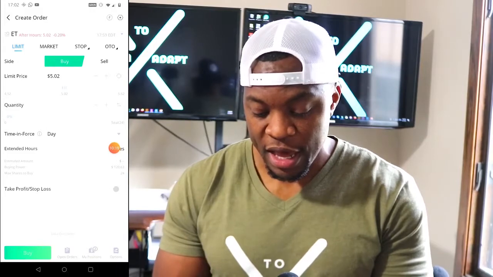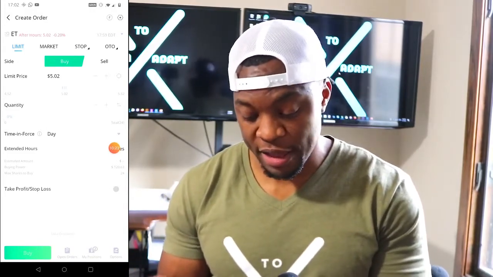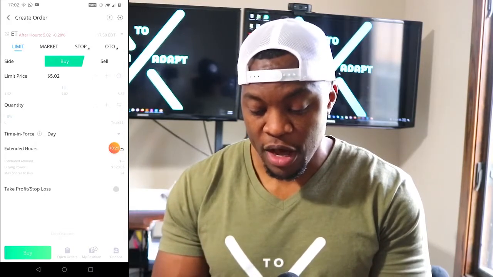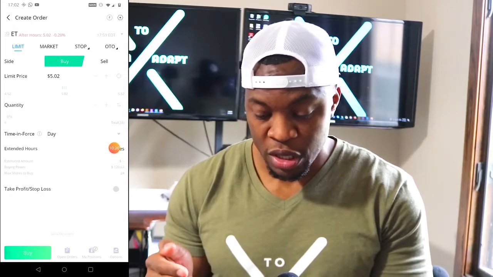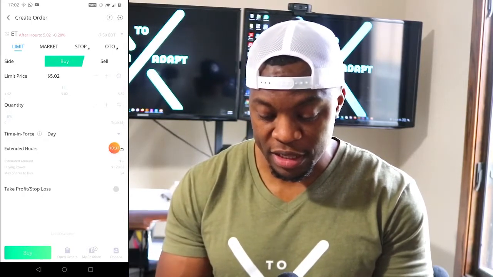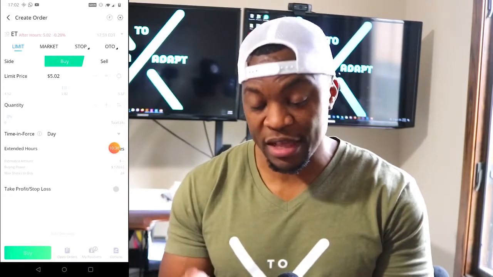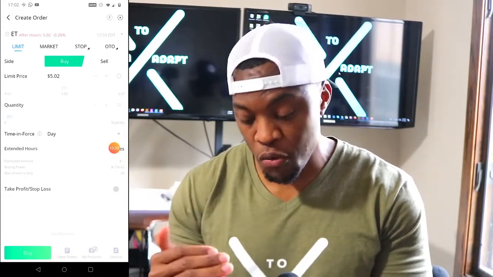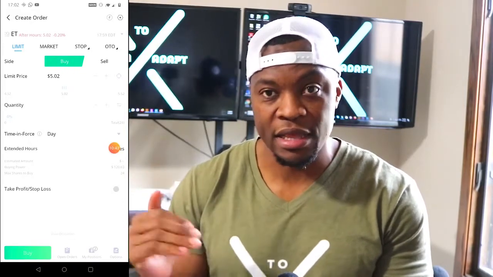You can see I have $120 and some change as far as my buying power. The current price is $5.02. I can either set a limit order to buy at a lower or higher price than that, or I can set a market order to buy at exactly that price.